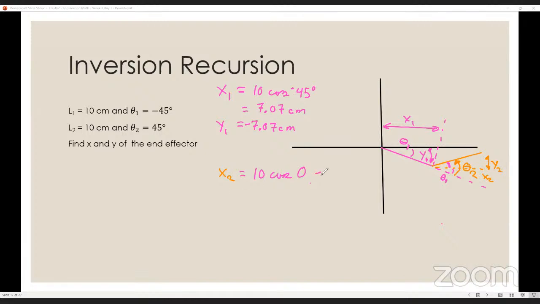And so this is just 10 centimeters. And y is 10 times the sine of 0 degrees, which is 0. So if we want P, it is going to be x1 plus x2, 17.07, and y is just negative 7.07.